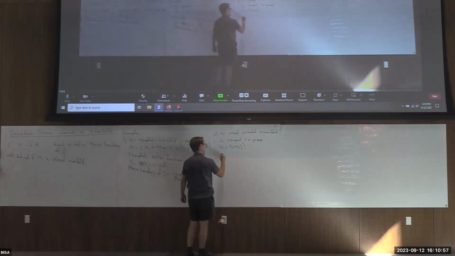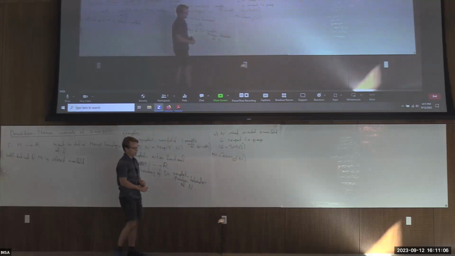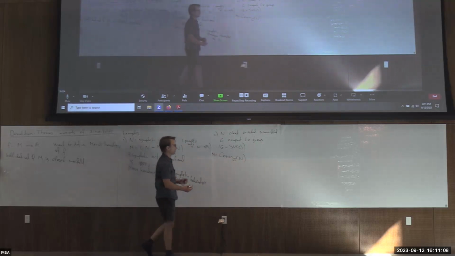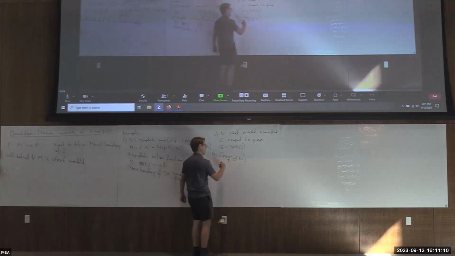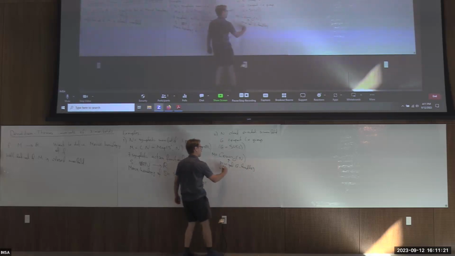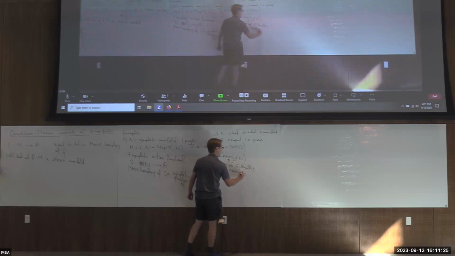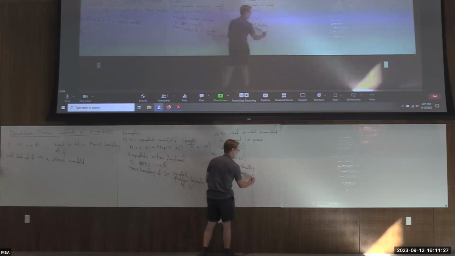Then you can look at the space of connections. So this is the space of G connections modulo gauge on the 3-manifold, so principal G bundles with connections, modulo gauge.